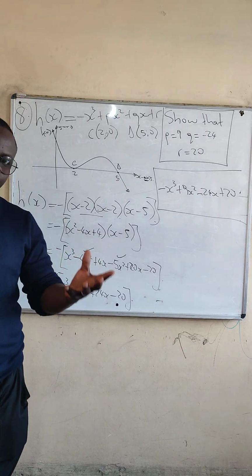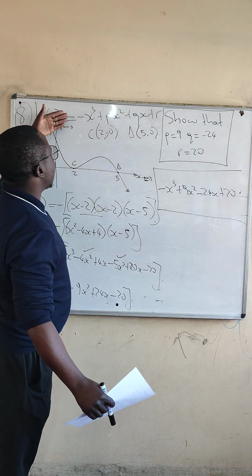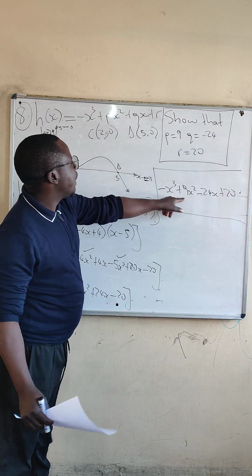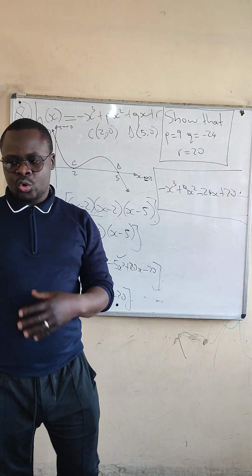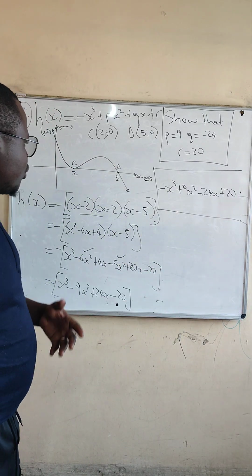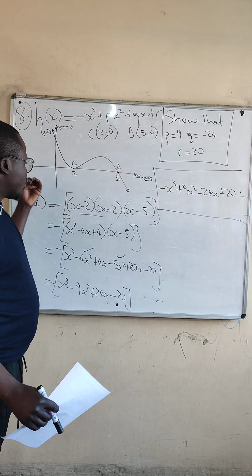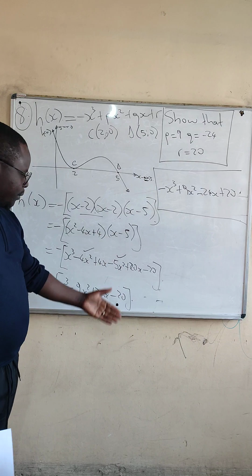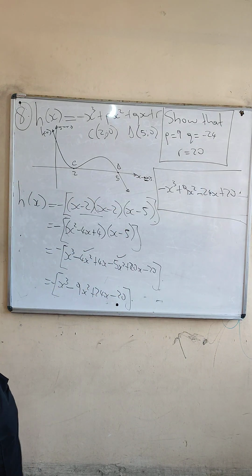So for a question of 3 marks, as you can see here, it now looks exactly like this, with our p being 9, our q being negative 24, our r being 20. So this is how you are supposed to do it. You are supposed to solve this by collecting your x-intercepts and FOILing them until you get the answer. So let's move on to the next question.